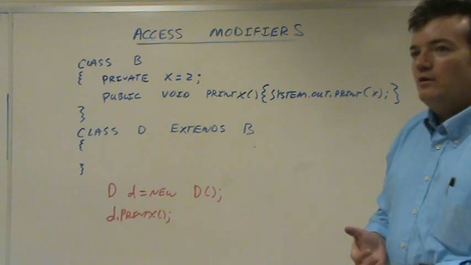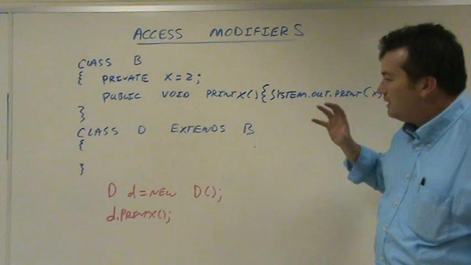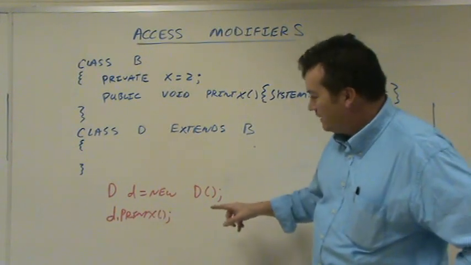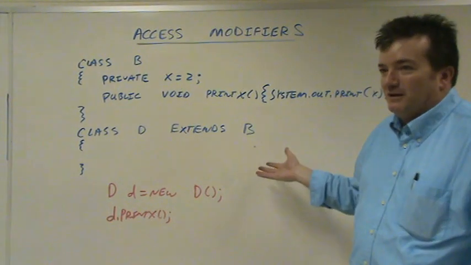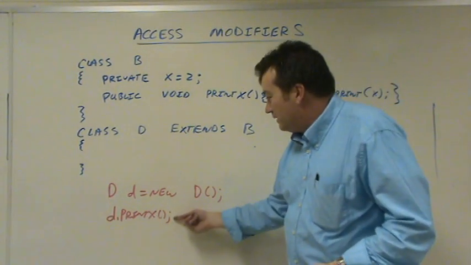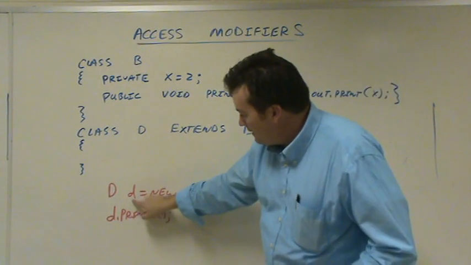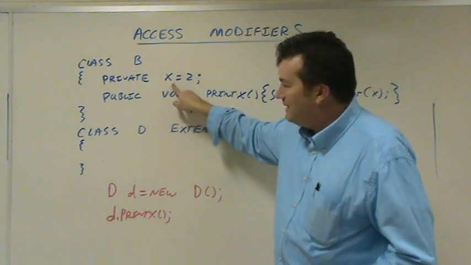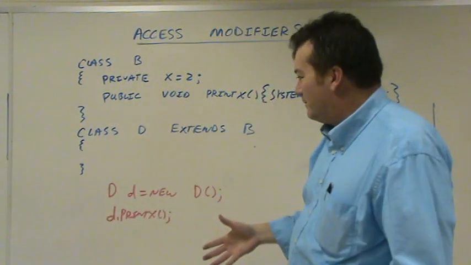It will compile. Logically you would think there would be a runtime error, because this should compile. Printx is a method, we should be allowed to call it. Only at runtime do we realize, oh, we're trying to print a variable from a D object, and the D object never got the variables. So we're trying to print something that doesn't exist, and you'd have a runtime error.